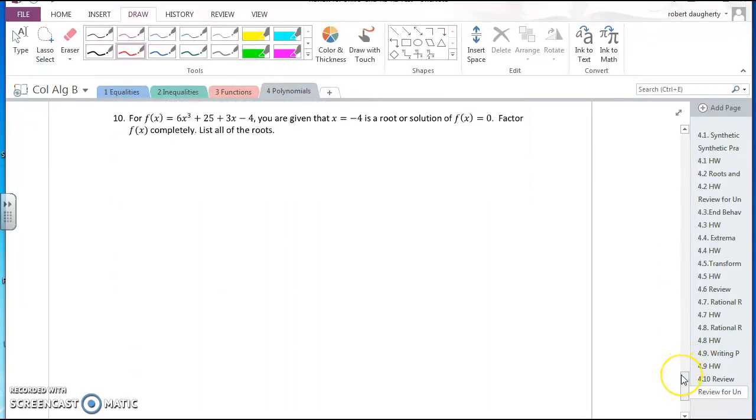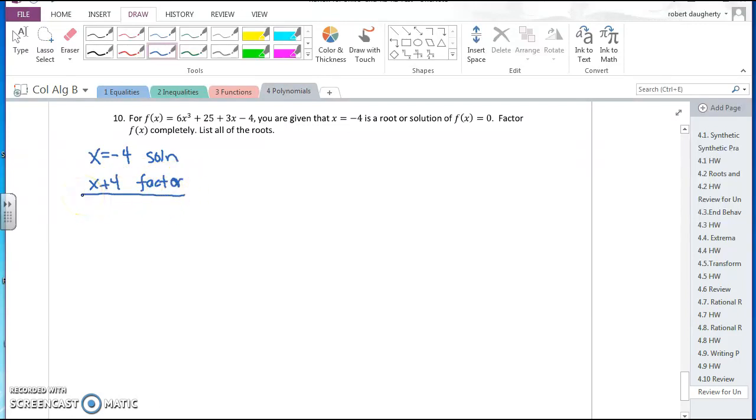And the last one here. So given a 3rd degree polynomial and one of its factors, list all of the factors and list all of the roots or solutions. So I know that x equal negative 4 is a solution. That means that x plus 4 is a factor. Okay.